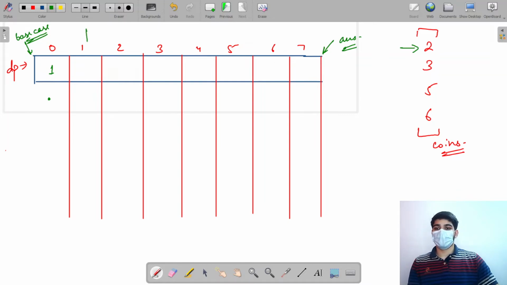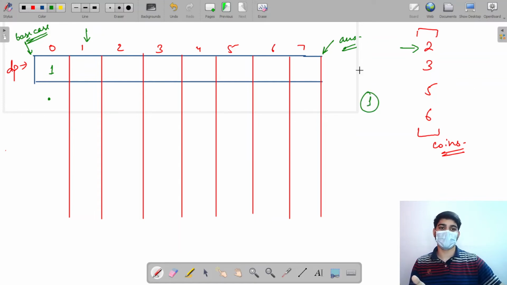Now if I come over here, I would have to check if the sum that I want to make is smaller than the coin value itself. Can I make a sum of 1 using 2? No. A sum of 1 can only be made from a coin that has a value of 1 or smaller, and as we are dealing with integer values, only a coin of value 1 can make a summation of 1.